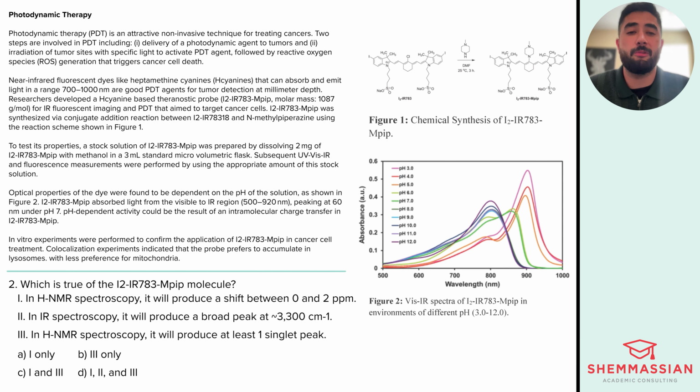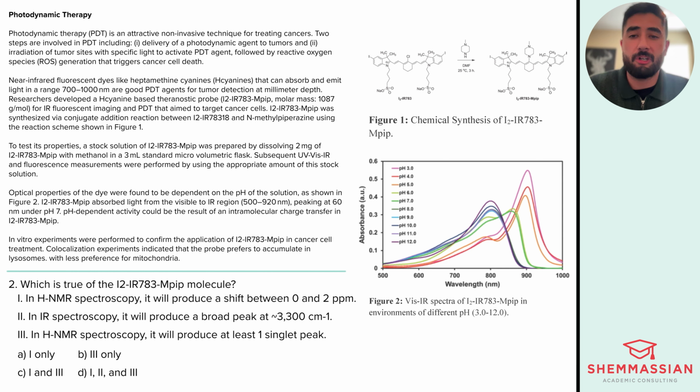So we should know about HNMR, what creates this 0 to 2 ppm. We should also know what other ppm ranges would be available and what the characteristics of those molecules would be. For statement 2, this one's asking us about a peak at 3,300, but then what about other peaks? What about broad peaks? What about narrow peaks? What about stretches? Do we know the other IR regions for IR spectroscopy and what their functional groups would be for that specific range? If not, those are things that we should study.